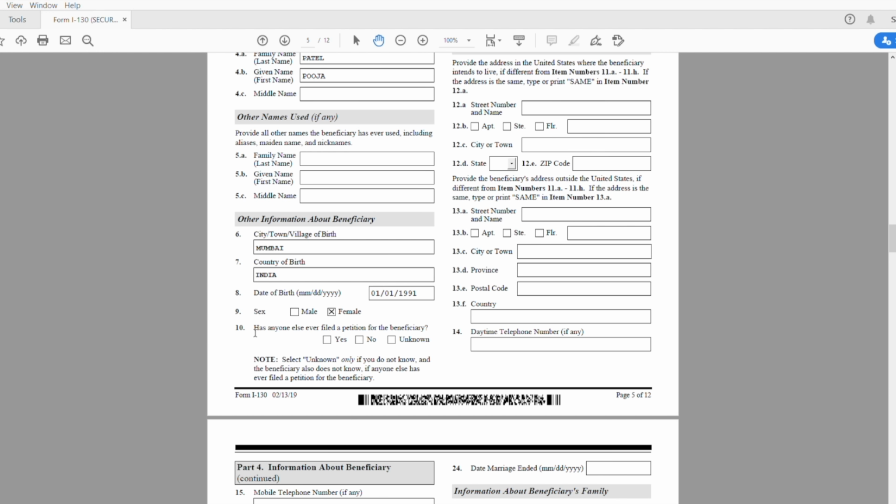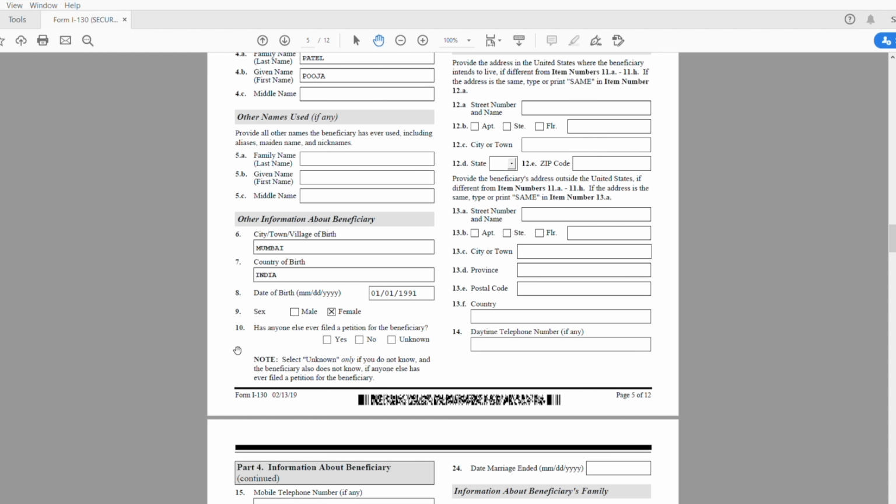Number 10, has anyone else ever filed a petition for this beneficiary? So here, has anyone applied a form I-130, or it could be a form I-140 for the beneficiary? So you would indicate yes, no, or unknown. Here is the note.